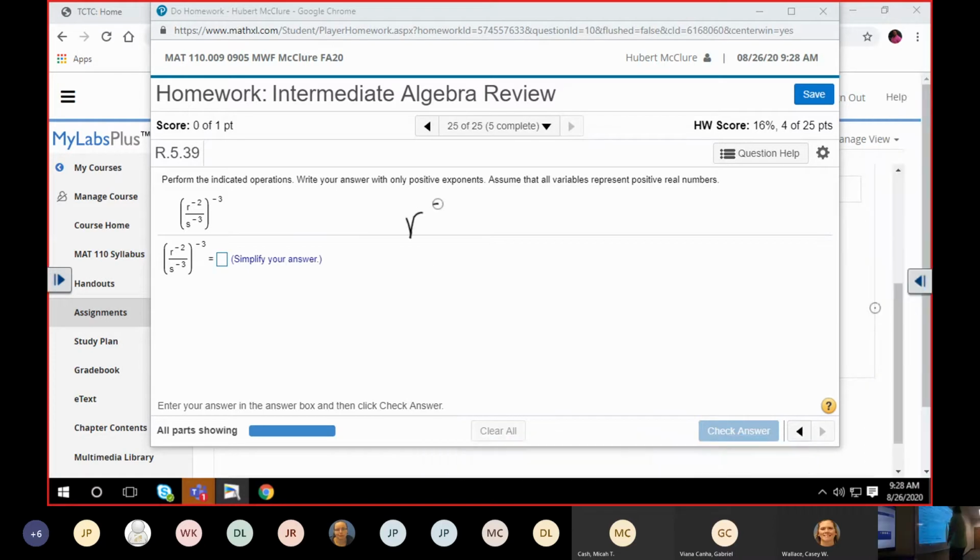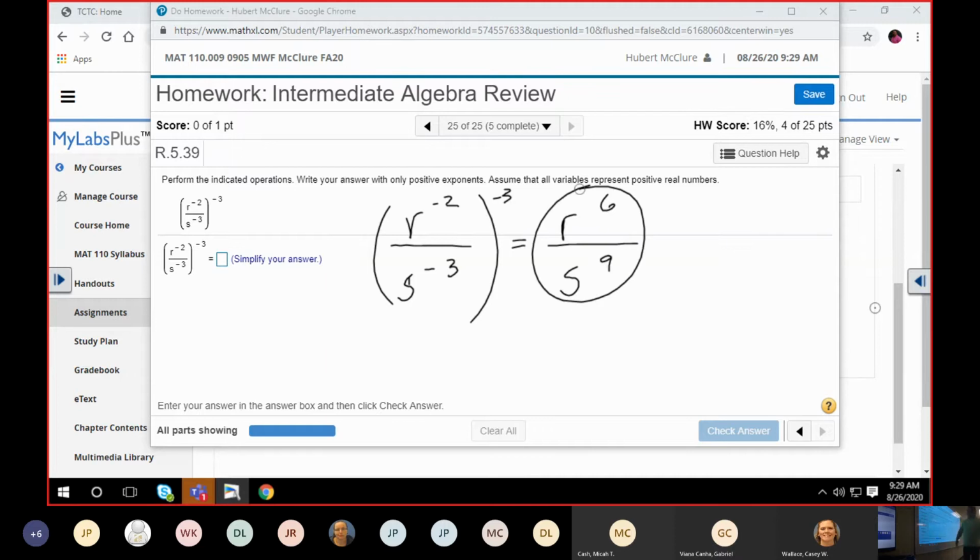So R to the -2 over S to the -3, raised to the -3rd. That's going to give us R to the 6th over S to the 9th. That's it. So that was a pretty simple question.